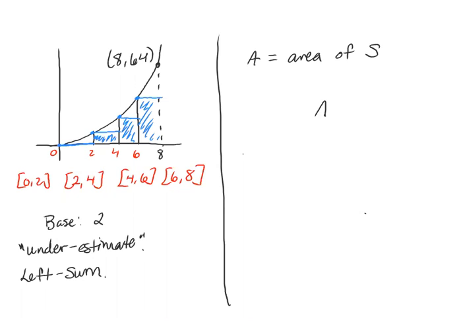Then A is obviously greater than 112, the estimated area that we found. It's also less than 240, which is the upper estimate that we calculated before. I use the term upper estimate. This also is often called the lower estimate.